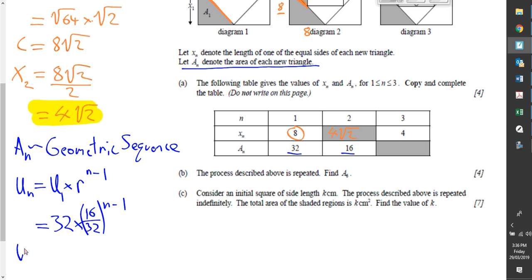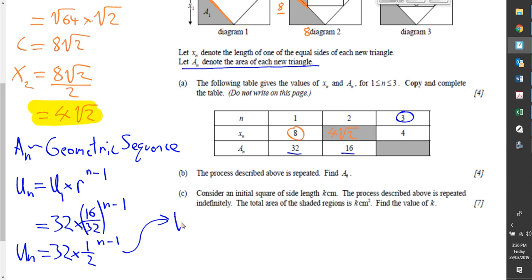So our general rule for this geometric sequence is going to be 32 multiplied by a half to the power of N minus 1. So all I have to do now is substitute in which term I want. That's the first term, that's the second term. This is the third term, so I just substitute that in.